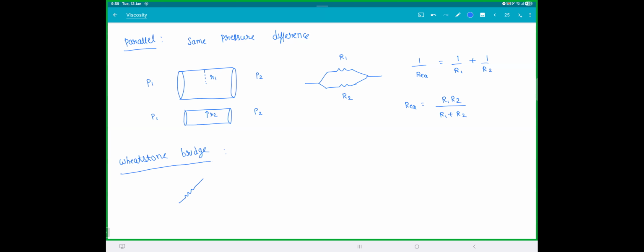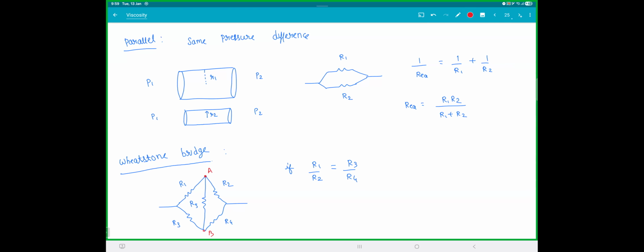So if you have resistors like this, R1, R2, R3, and R4, and this is R5, if the ratio R1 by R2 becomes equal to R3 by R4, you can actually kind of guess it out.